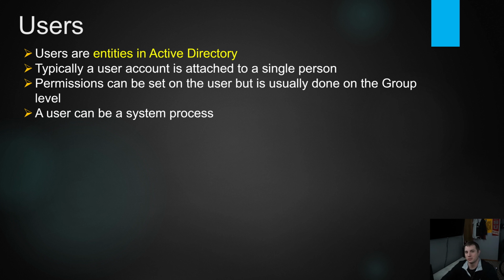It just depends on what you're trying to do and how you're trying to organize your environment. Typically speaking, if you're going to use a user as an entity, it's going to reveal itself that it needs to be that relatively easily, and should be obvious when that needs to happen. Okay, so moving on.